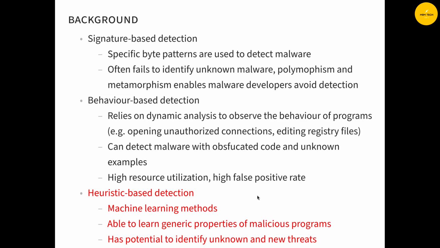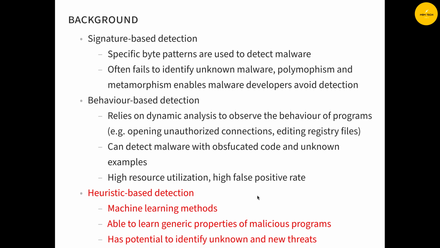So a bit of background about why one might want to do this. Two traditional methods for detecting malware are signature-based detection and behavior-based detection. Signature-based detection looks for specific byte patterns that are used to detect malware. So you have some malware sample, you find some byte patterns that have good ability to identify the malware.